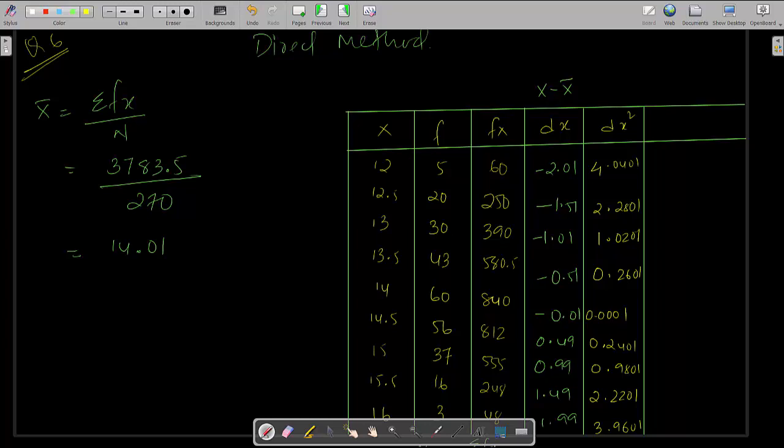Now what we have to do next is find f dx squared, that is f into dx squared. You have the value of f here, 5. 5 into 4.0401 will give you 20.2005. Next, 20 into 2.2801, you will get 45.602.